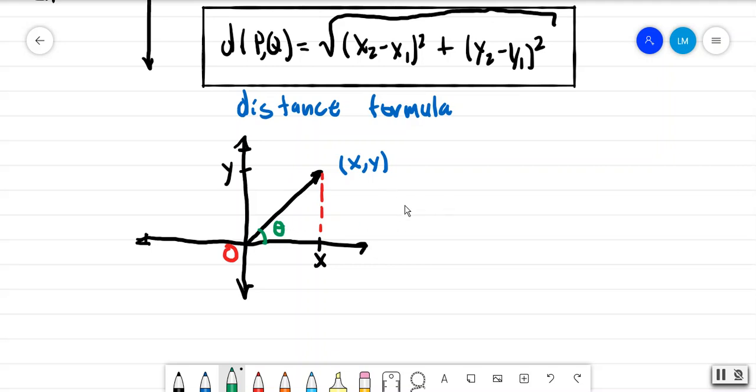So that means that we can find the distance from x, y to the origin. Note that the origin is the ordered pair 0, 0.